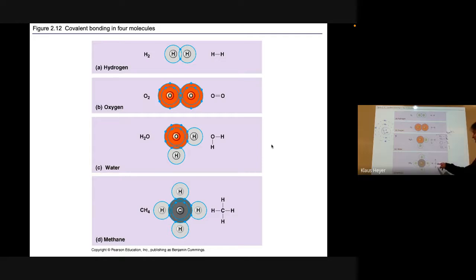But in all these cases, they're sharing electrons. So, covalent bond: share electrons. There's two types up here.